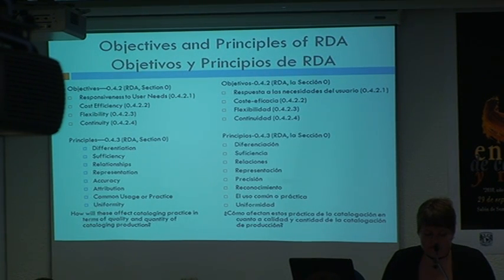If you look at the statement of objectives and principles, it says it serves to provide overall guidance for the development of RDA, and that trade-offs sometimes need to be made between one principle and another.